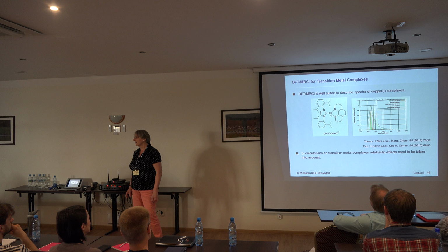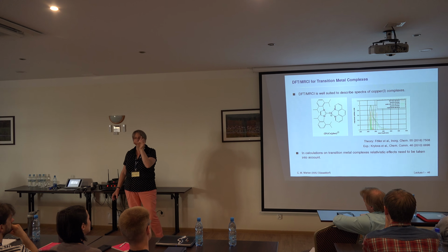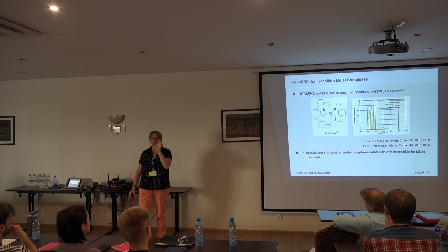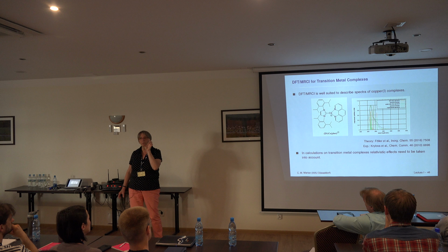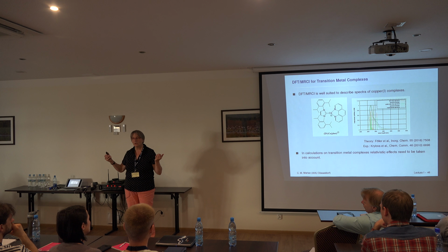So the d levels and the s orbital levels shift quite a bit whether you include relativistic effects or not. You can do that by using relativistic effective core potentials. And that is what is normally done in all the standard programs. So you just have to take care of that. Also, I recommend to do that not only for the heavy elements, but also for the first row transition elements.